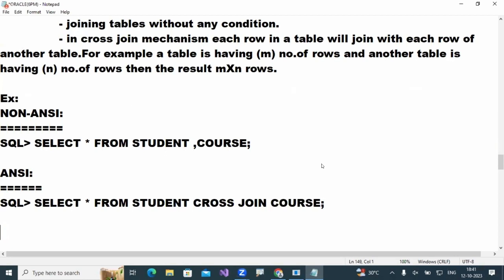So cross join in real time is useful for billing systems. If you go to any DMart or supermarket, you can see the billing system. If you have a chance, observe the billing application. That application is a database application. That is not Java, not .NET, not Python. That's a purely database application.